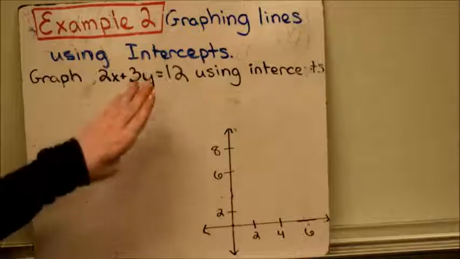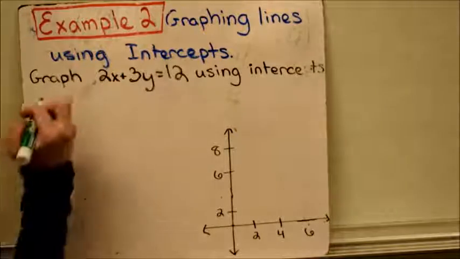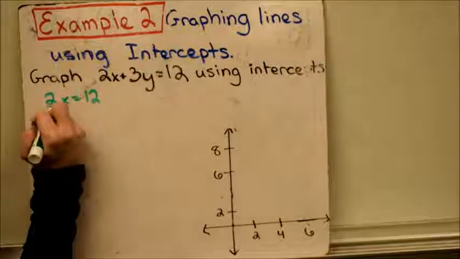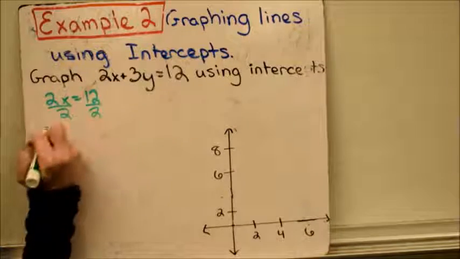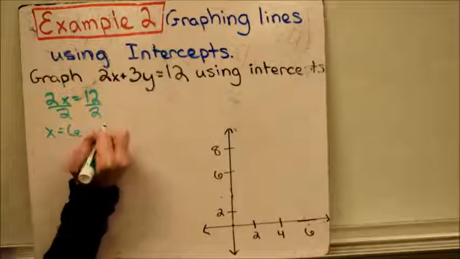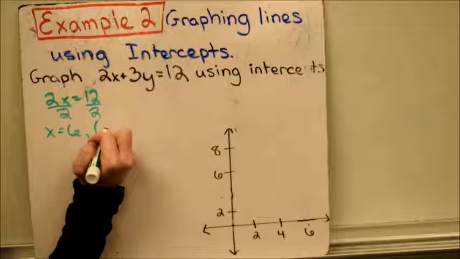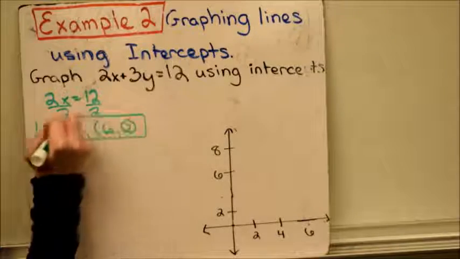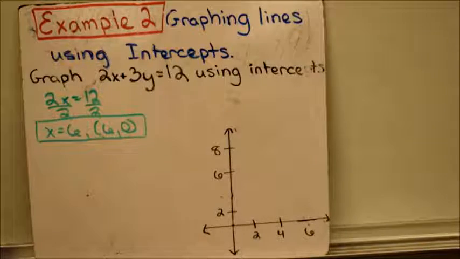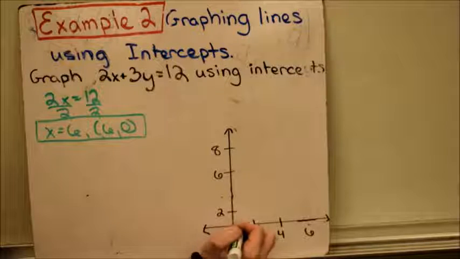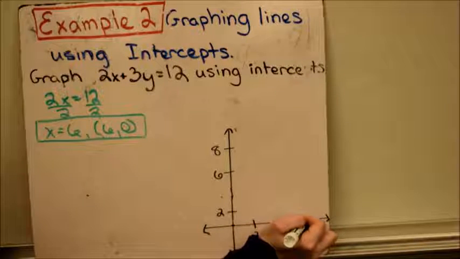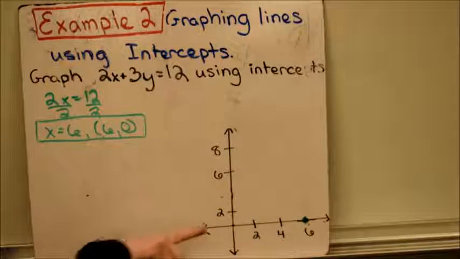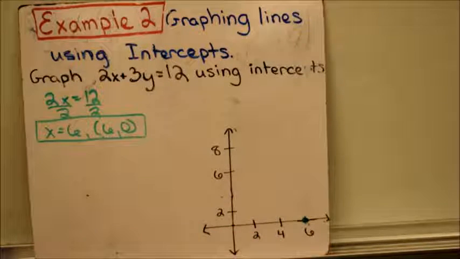Let's start with x, cover up y. 2x equals 12, divide by 2, x equals 6, or we could say it's 6, 0. So we can graph that point. 6 on this side is here, and then 0 is still on the line. So that crosses the x-axis, that's the x-intercept.